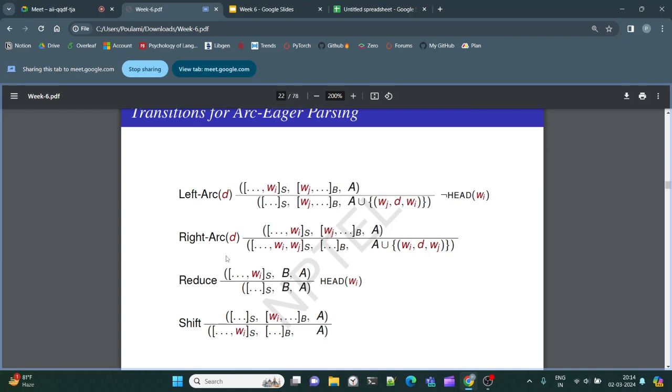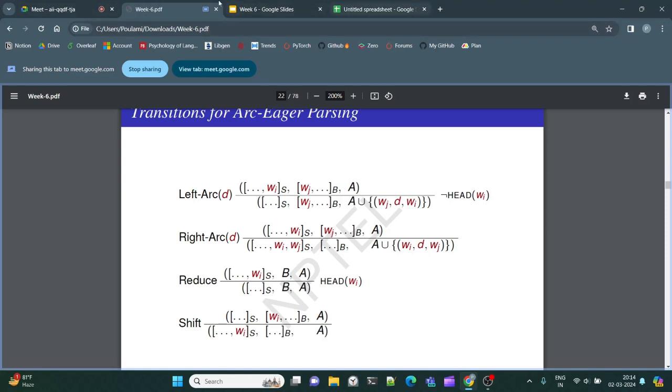When there's a reduce operation, again the word wi is dropped. And in shift, I'm taking a word from the buffer and adding it to the stack. So only in these cases, left arc and reduce, I can drop the word that is at the top of the stack, not the words previous to it.